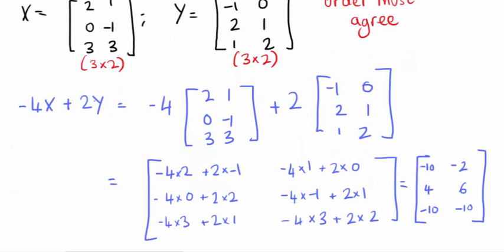And the results are given here. For example, for this element in the second row and third column, we have -4 times -1 plus 2 times 1.